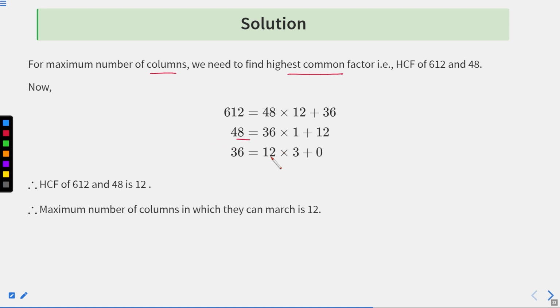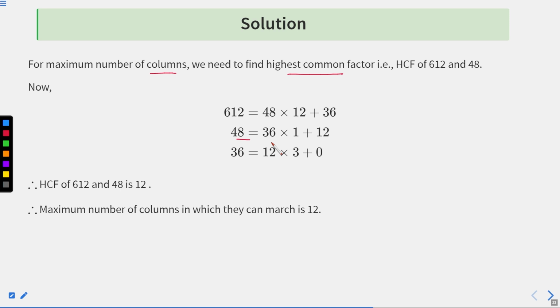Then 48 can be written as 36 times 1 plus 12. Then 36 can be written as 12 times 3 plus 0. So the HCF of 612 and 48 is equal to 12.